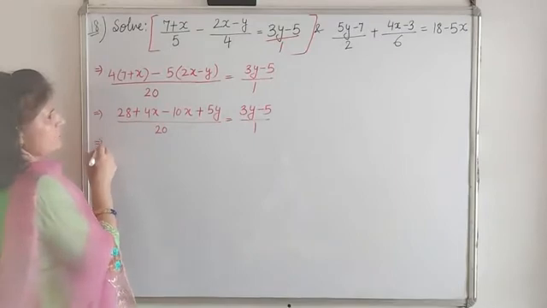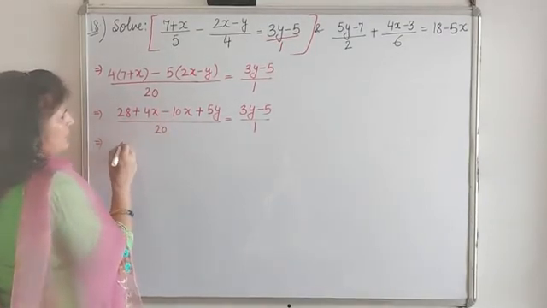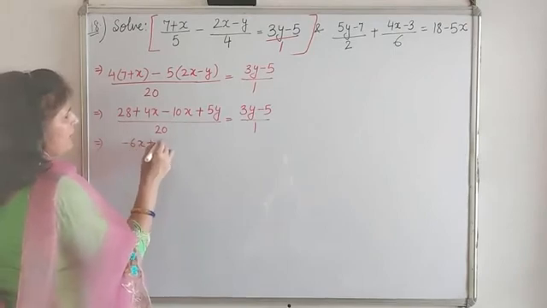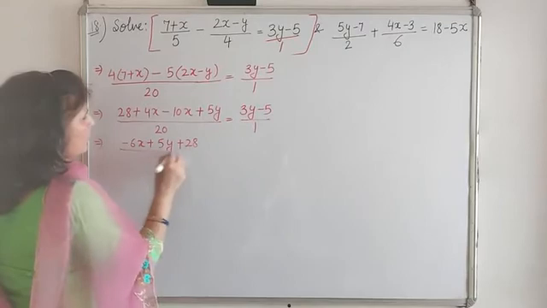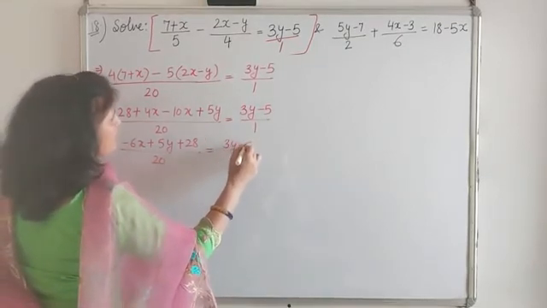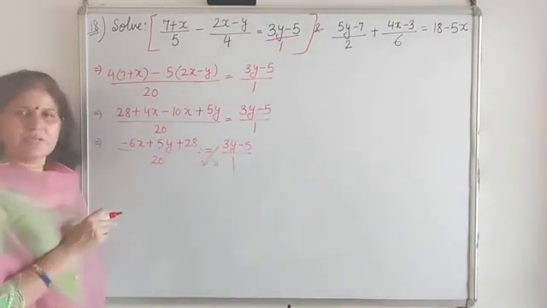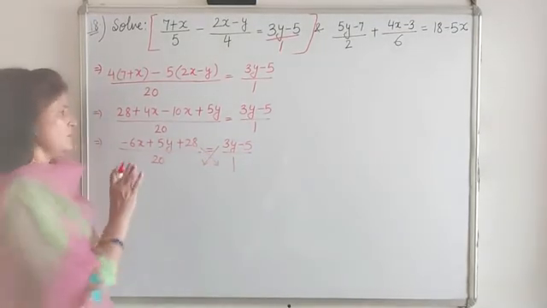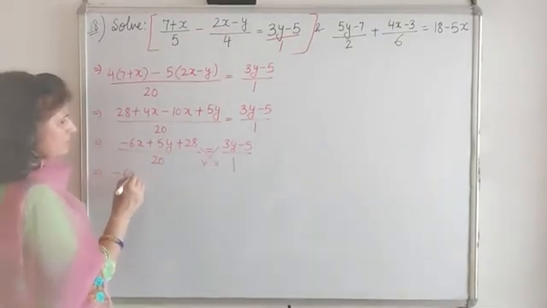Now x terms together and y together. Minus 6x plus 5y plus 28 upon 20 is equal to 3y minus 5 over 1. Now cross multiply. Like this only you are doing. In 8 you had done, no? So same. When you multiply with 1, the same terms will come.